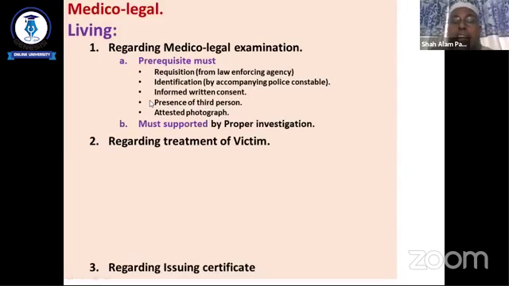Hence, this third person will never be an attendant of the patient, but will be your nurse, ward boy or ayah, etc. And attested photographs: 3 attached passport size photographs attested by a first class magistrate, a first class gazetted officer, or the OC of the police station.